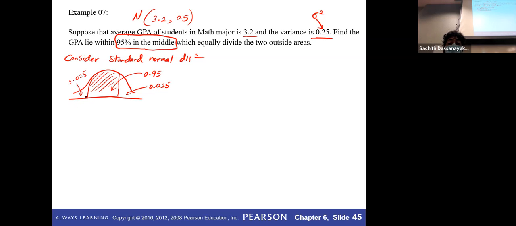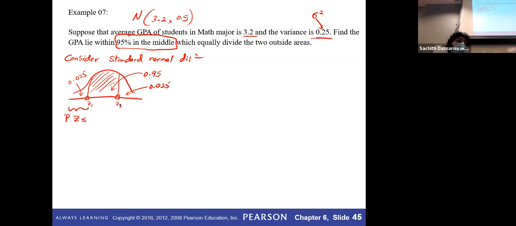I need to find the C value right here and the C value right here. Clear? To do this, I have to consider this area. Let's say the value here is C1, here C2.